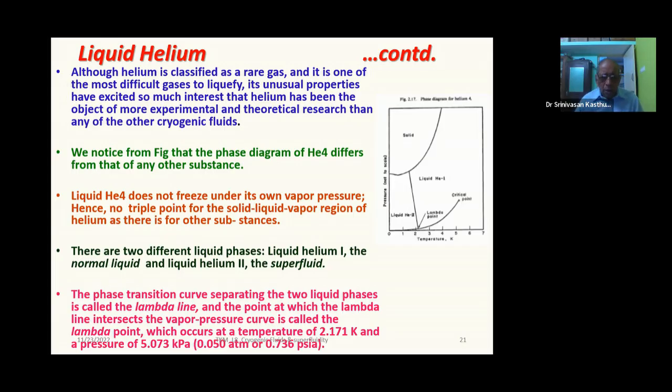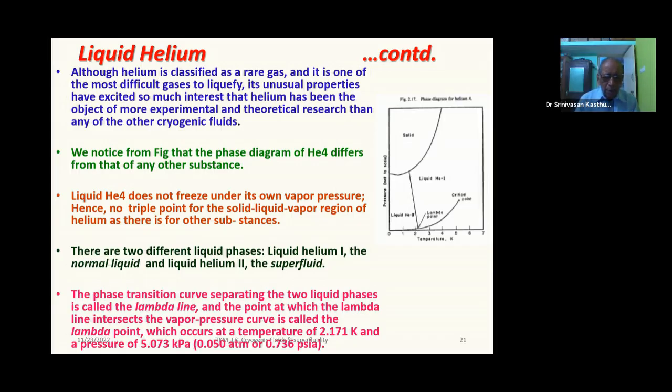So helium-4 does not freeze under its own vapor pressure. There is no triple point for helium compared to other substances. Helium exists in two liquid phases: liquid helium-1, which is normally called the normal liquid, and liquid helium-2, which is known as superfluid. The curve looks like a lambda, and therefore the phase transition curve separating the two liquid phases is known as the lambda line.